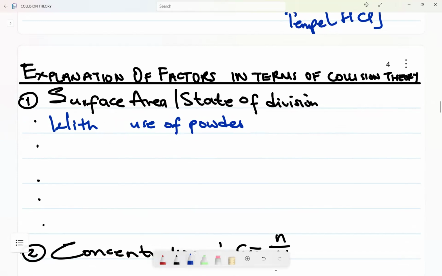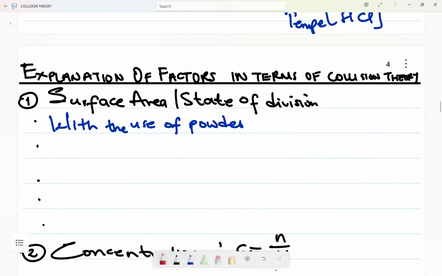What is going to happen with the use of powder? Remember what I said? I said you prefer to use powder over granules. So with the use of powder, how does this affect our reaction rate? Now you have to explain in terms of collision theory.